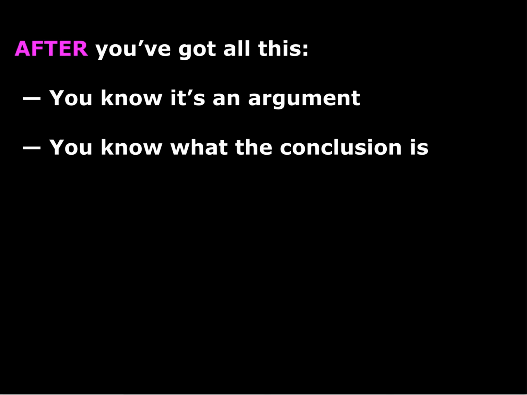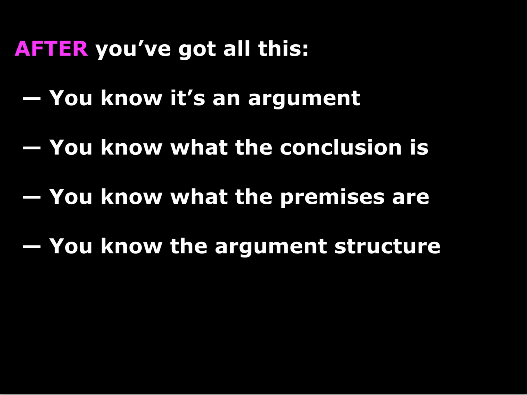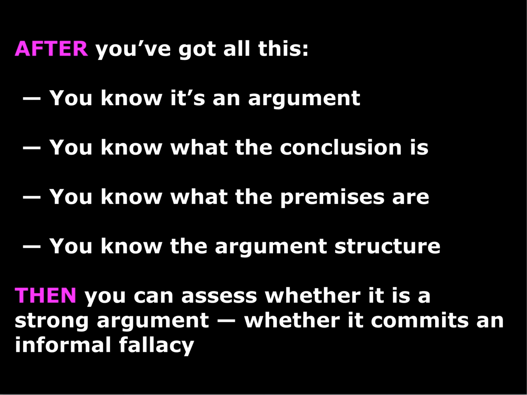Now, once you've done that, after you know there's an argument, you know what the conclusion is, you know what the premises are, you know the structure, then you can assess whether it commits an informal fallacy, whether it's fallacious, whether it's strong as opposed to weak. This is where your knowledge of the specific informal fallacies we'll be talking about comes in.